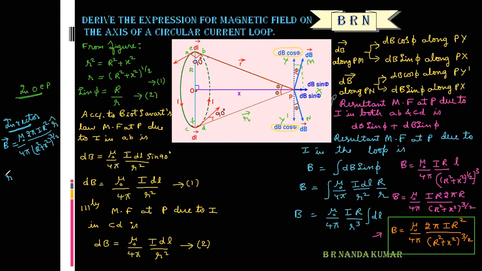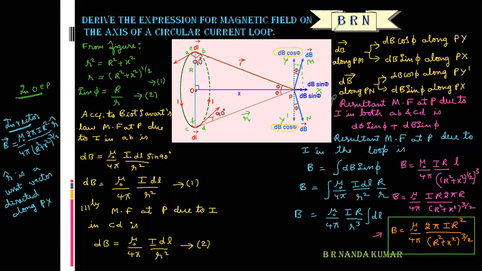So r cap is a unit vector that indicates the direction of the resultant magnetic field at point P due to the current in the loop. R cap is a unit vector directed along Px.